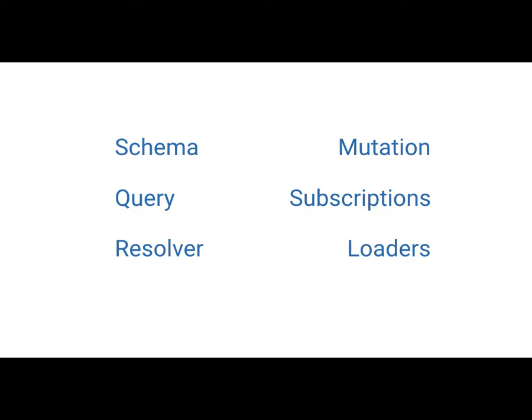It was originally put forward by the Facebook guys, and I think many groups are now working on it. But the idea is that you have a schema. Centrally, you have a schema which says what are the possible queries you can do to the system, what the query will return in terms of the object structure, and what the types are for each one of them. And it clearly specifies the whole thing.